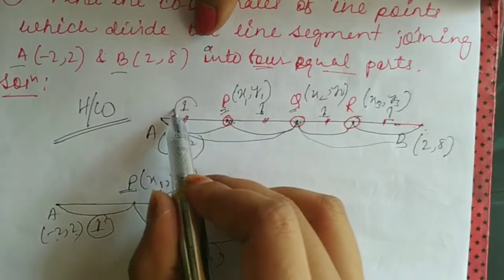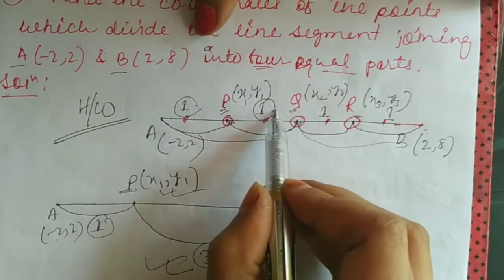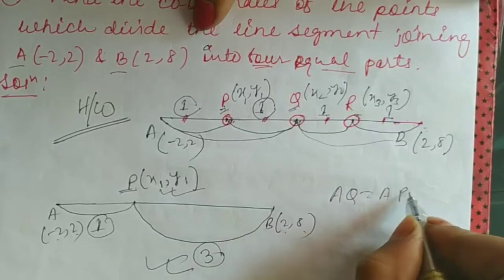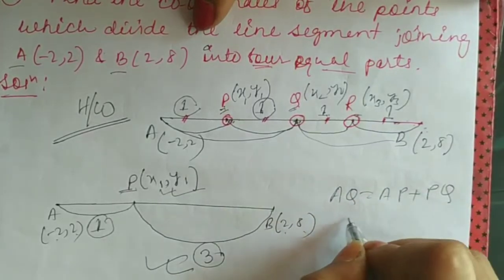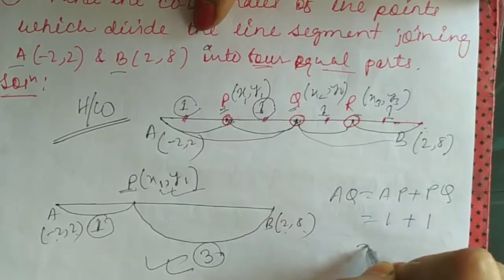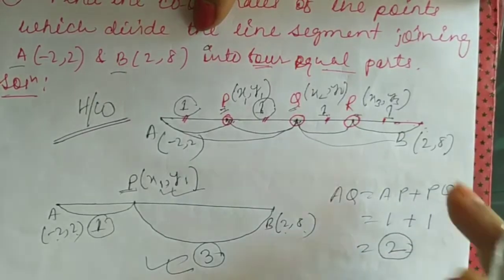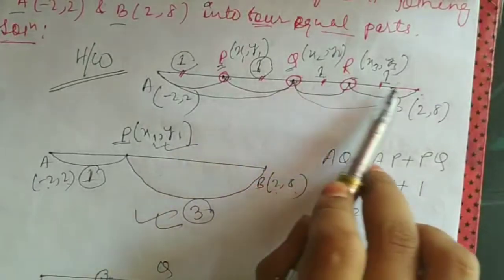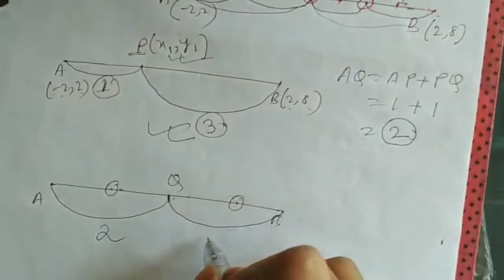It means AP is 1 and PQ is also 1. So AQ equals AP plus PQ, that is 1 plus 1, 2. Similarly, you can see also QB is 1 plus 1, 2.